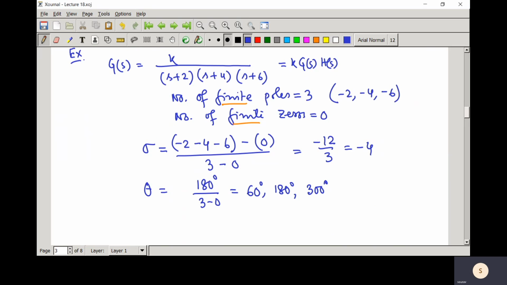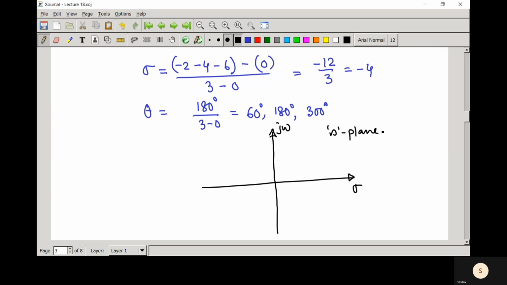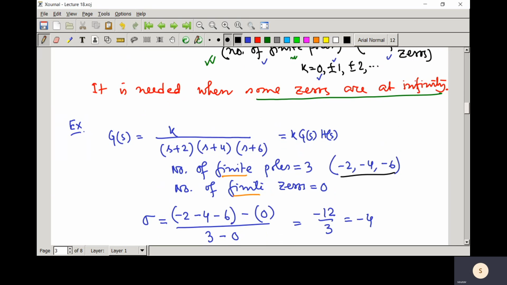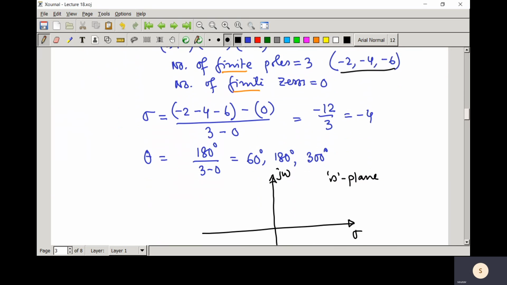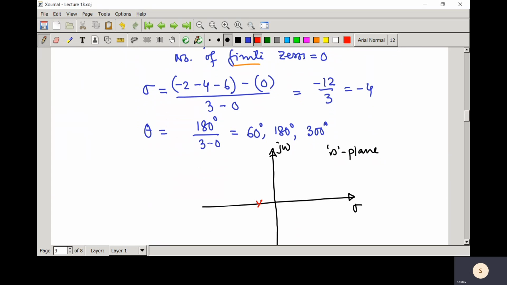Here, if we draw the root locus, what will you get? That is the real axis, that is the imaginary axis, and this plane is the S plane. Now we'll first draw the location of the open loop poles, at -2, at -4 and at -6.